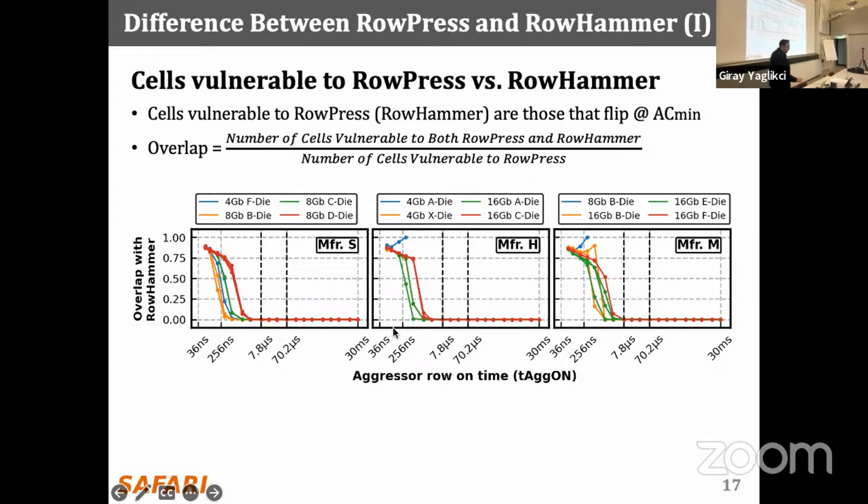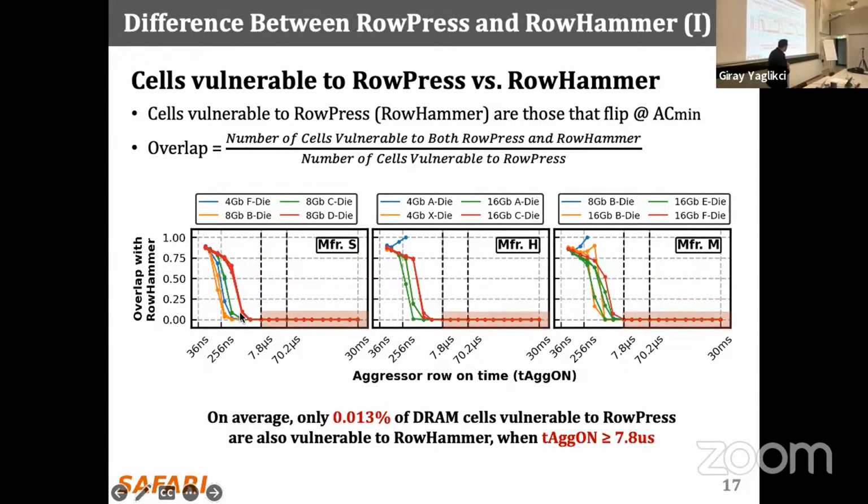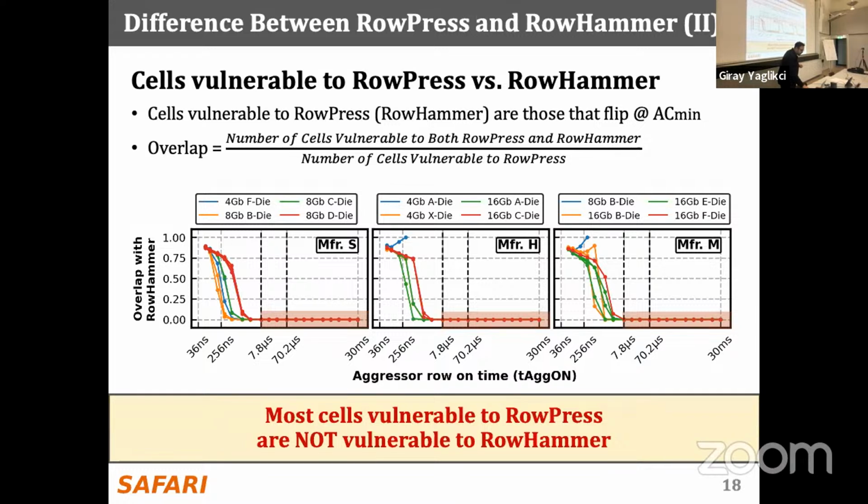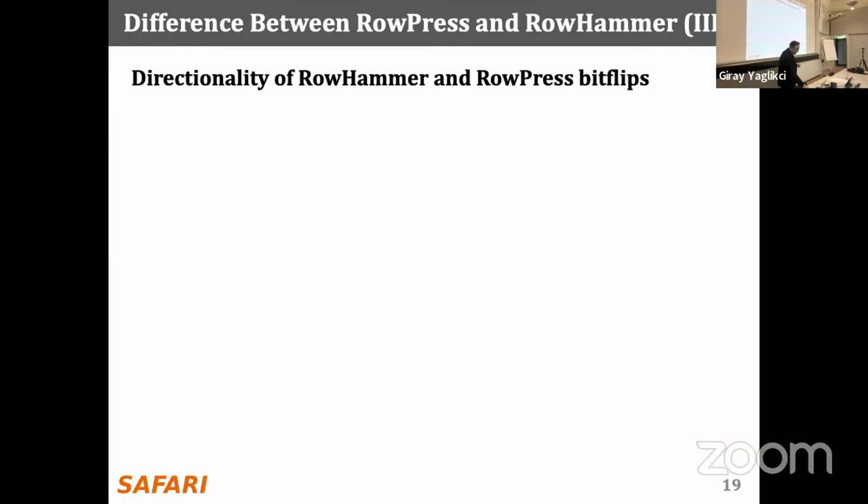So as RowPress becomes a more dominant read disturbance effect going from left to right, the intersection of RowPress and RowHammer vulnerable cells decreases a lot. And 36 nanoseconds, for example, is pretty much RowHammer anyway. On average, only a small fraction of DRAM cells are vulnerable to both. So these are inducing bit flips in different types of cells. Most of the RowPress vulnerable cells are not vulnerable to RowHammer.